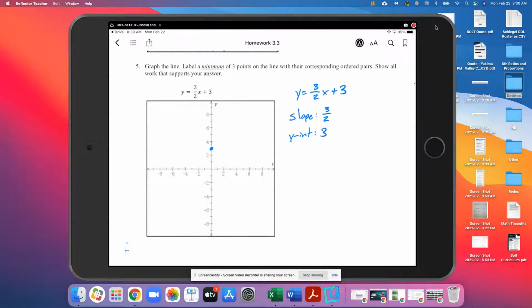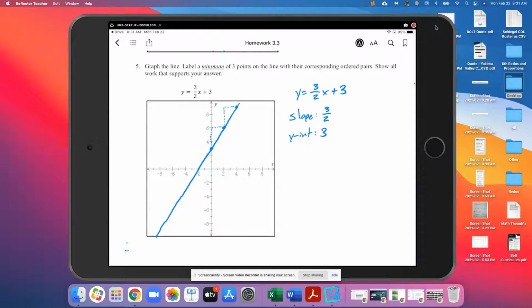So again, up 3 and to the right 2. Up 3, to the right 2. Okay, and so I've got my 3 points. I can go ahead and sketch my line out here. And there we go. It'll look something like that.